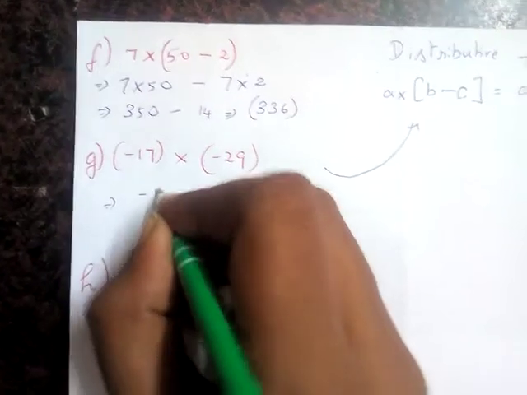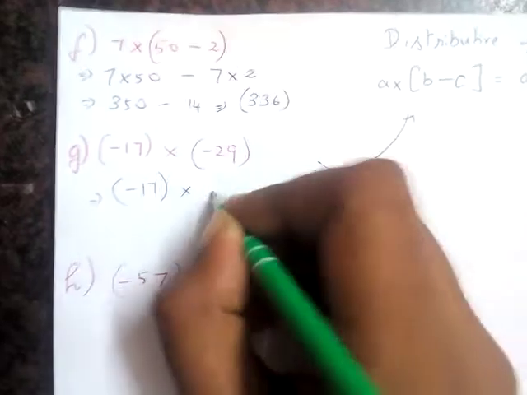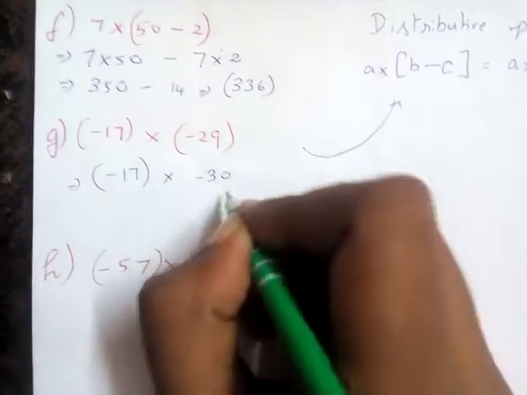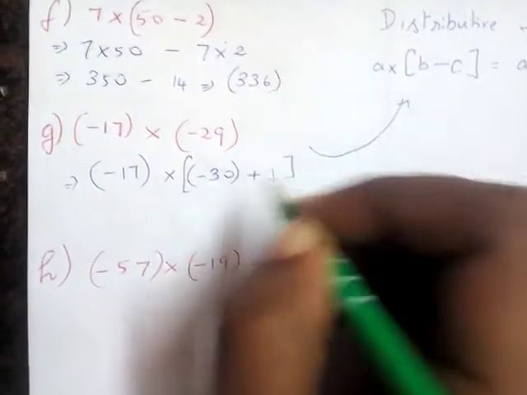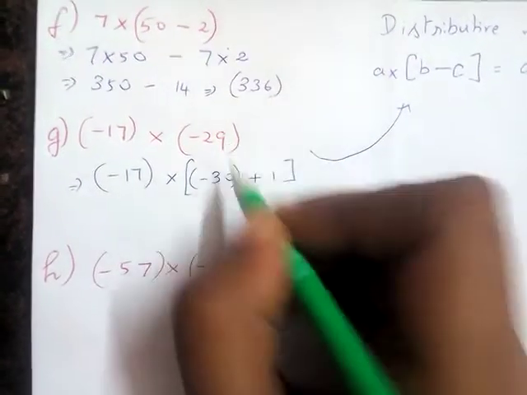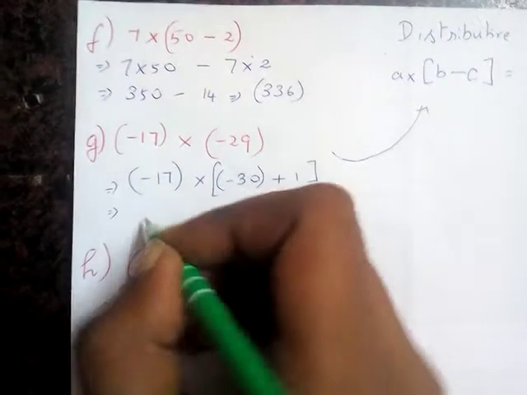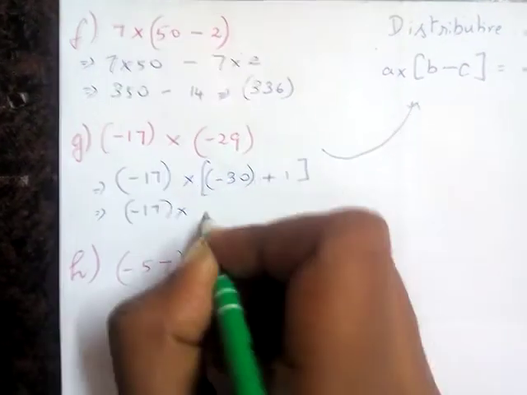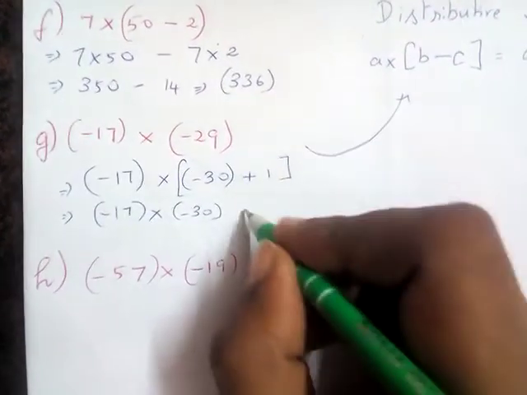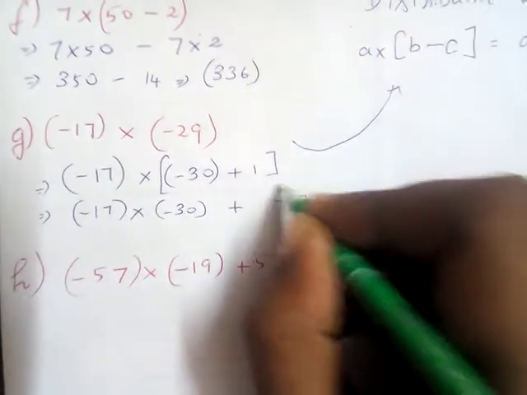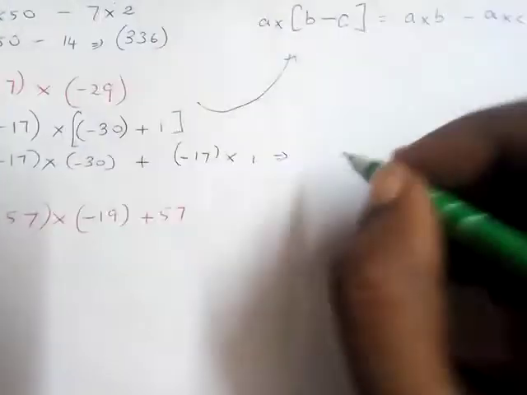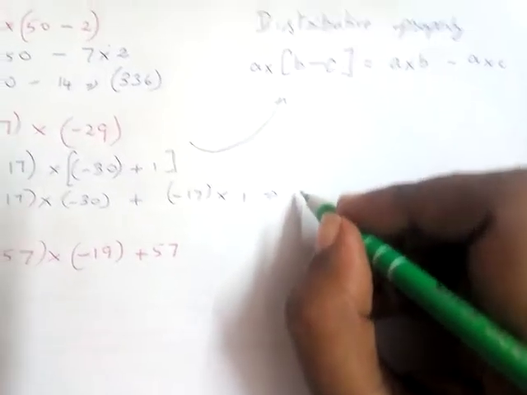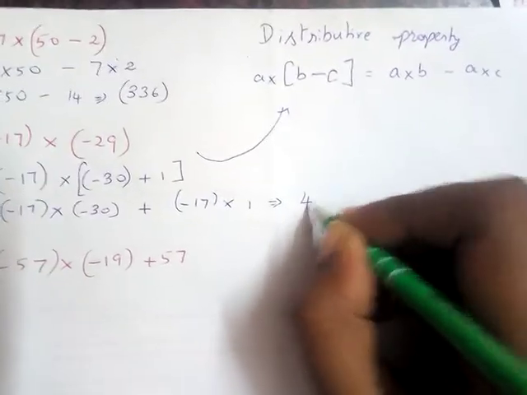Here you can distribute it as minus 17 into minus 30 plus 1, as minus 30 plus 1 is minus 29. This will give you minus 17 into minus 30 plus minus 17 into 1, which will give you a product of 493.